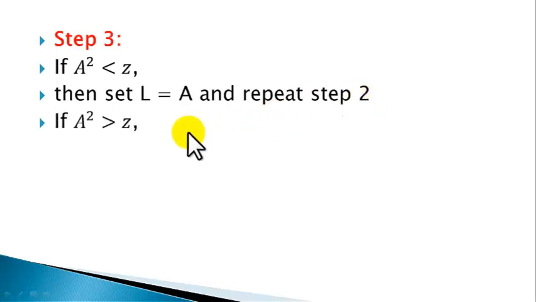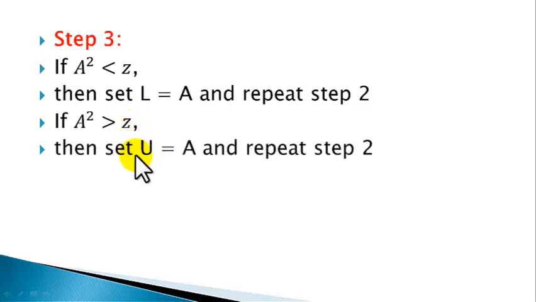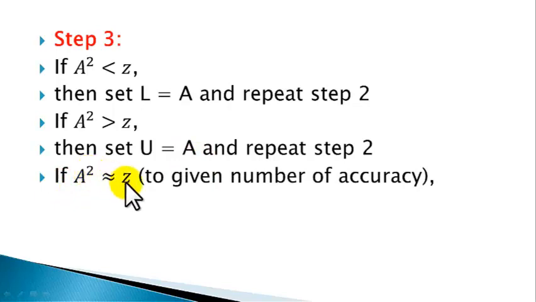If a squared is greater than z, then set the upper bound u equal to a and repeat step 2. If a squared is approximately equal to z to a given number of accuracy, then stop and take the square root of z to be approximately equal to a.